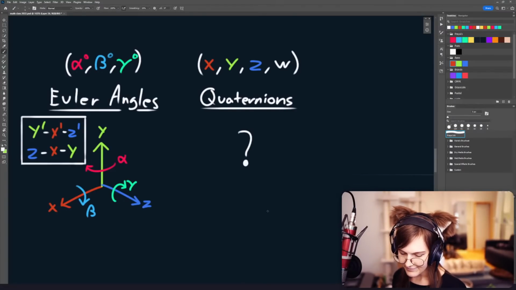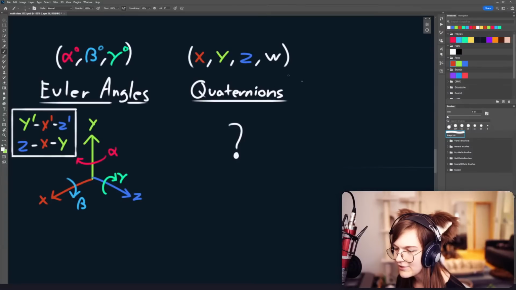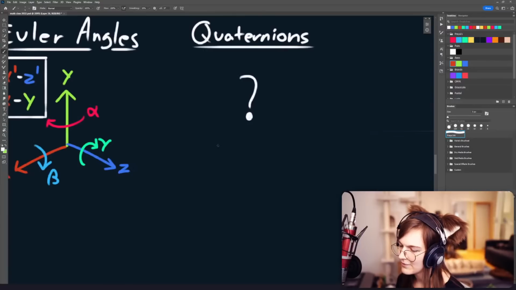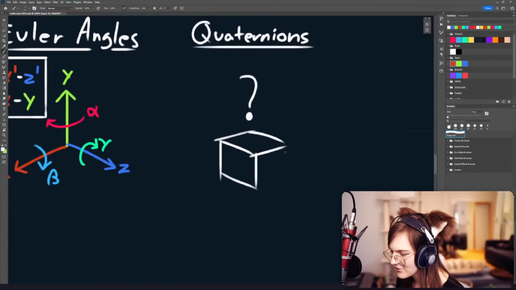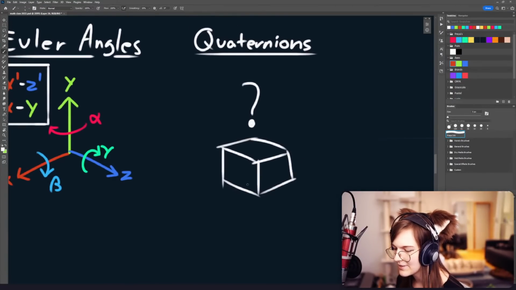And so usually, the way that people use quaternions is kind of as a black box. Like you have a box of magic where math just happens in here.